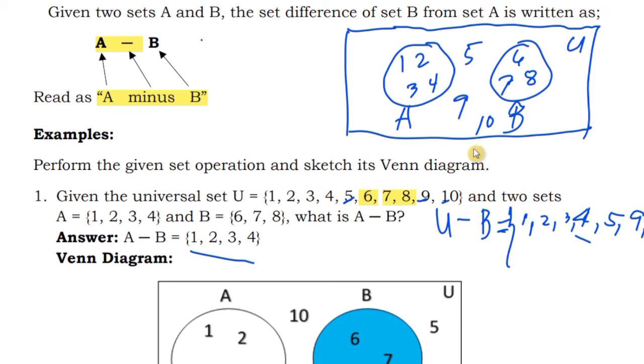Okay, let's check. 1, 2, 3, 4, 5, 9, 10. Okay, that's correct. So that is how we catered with this answer.